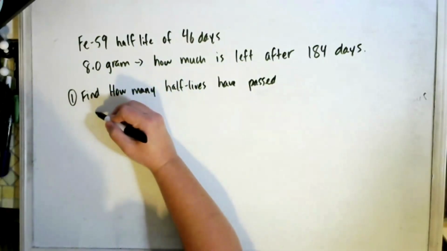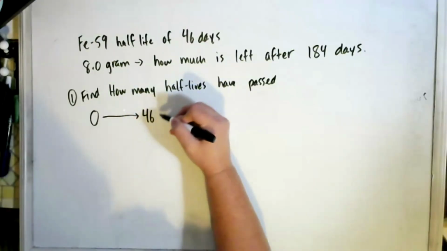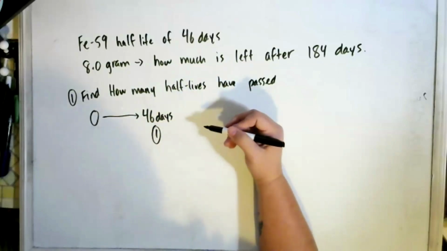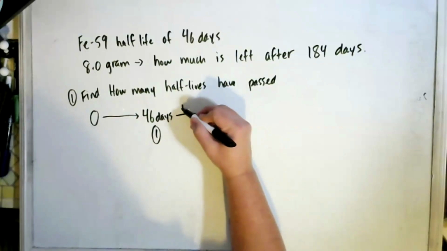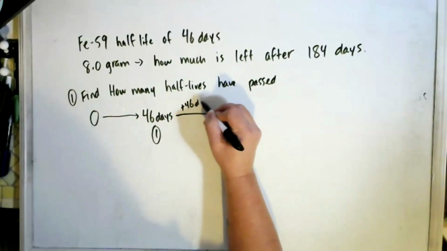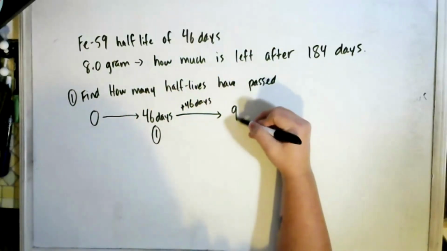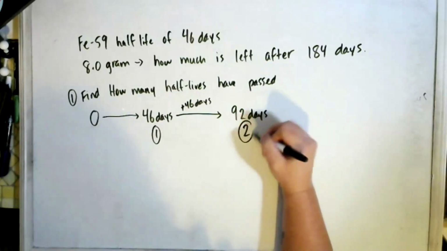So if we're starting at time 0, when we reach 46 days, that's 1 half-life. All right? For our second half-life, we're going to wait another 46 days, and then we're going to be at 92 days. That's our second half-life.